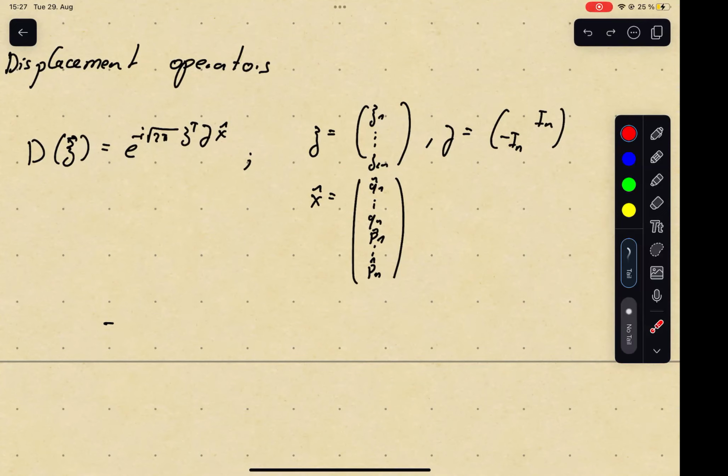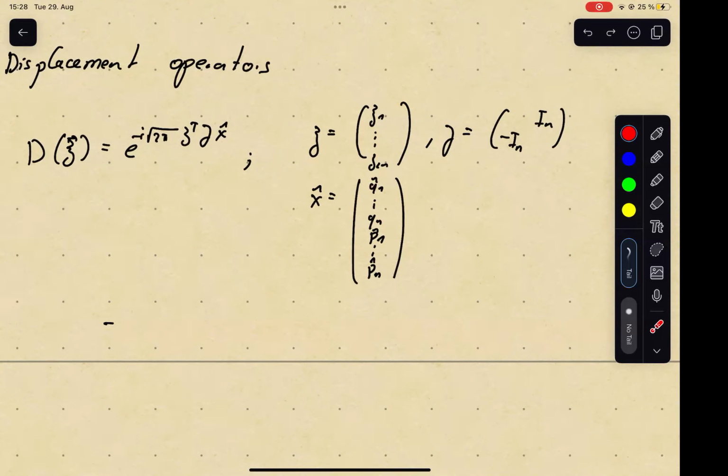I'm going to summarize all of my quadrature operators as a big vector. Now I have n quantum harmonic oscillators, but each lives on an individual single mode Hilbert space. And I summarize the vector where the first n entries are position operators, and the last n entries are momentum operators.